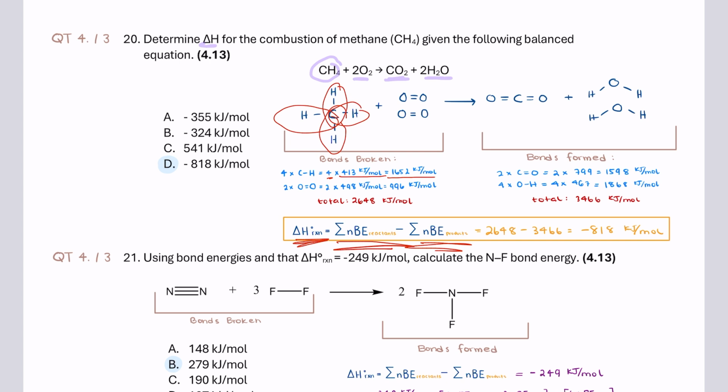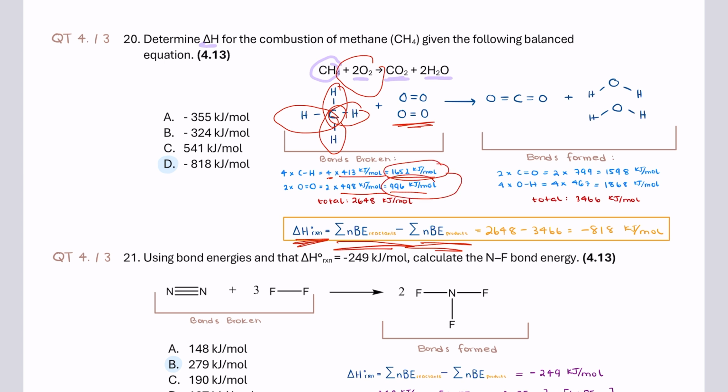1,652 kilojoules per mole. Then we consider the oxygen molecules in the reactants as well. Each oxygen molecule has a double bond between the 2 oxygen atoms. Since there are 2 oxygen molecules, that's 2 double bonds. The bond energy for each oxygen-oxygen double bond is 498 kilojoules per mole, and when we multiply that by 2, we get 996 kilojoules per mole.